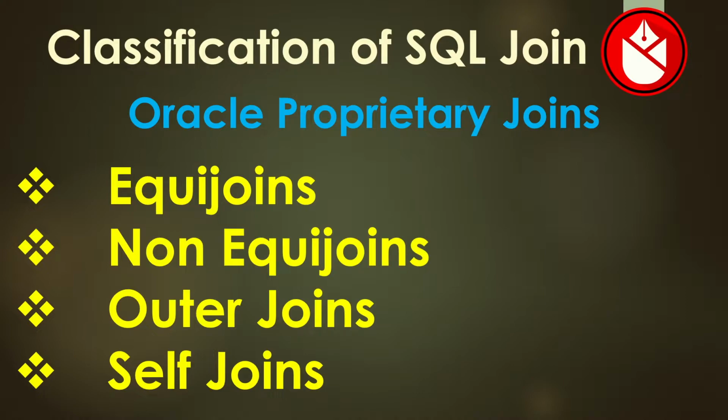Now about self join. A self join is a join in which a table is joined with itself. To join a table to itself means that each row of the table is combined with itself and with every other row of the table. The table appears twice in the FROM clause and is followed by table aliases that qualify column names in the join condition.